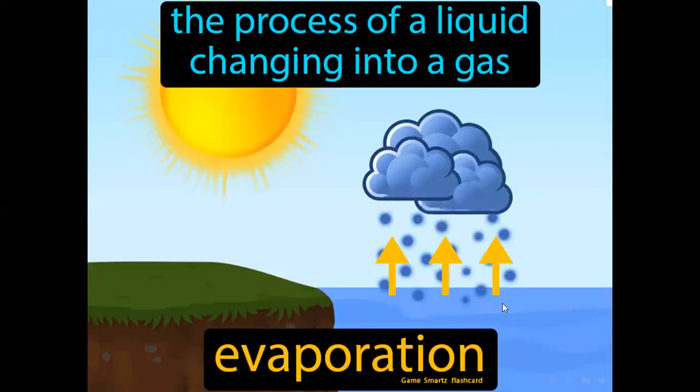Here you see when the sun's rays heat the liquid, the liquid converts into gas form. This is the process of a liquid changing into a gas.